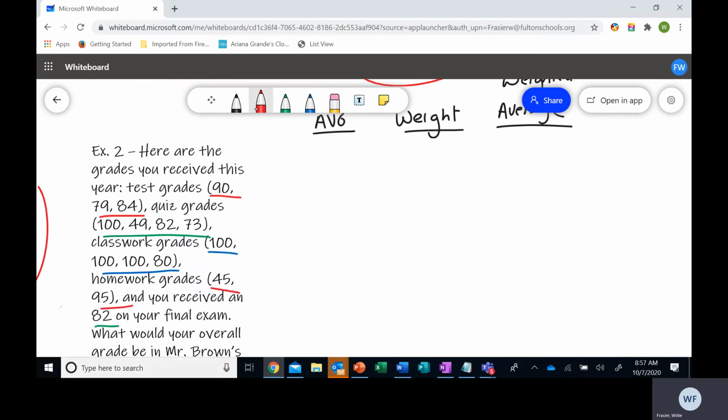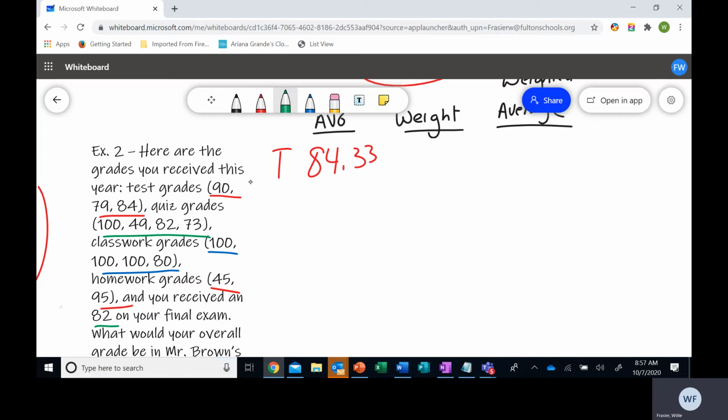So for your test grade, that's in red right here, you have to take 90 plus 79 plus 84. Add them all together, it gives us 253, and we have to divide that by 3 because there's 3 numbers. And the average for the test is 84.33.